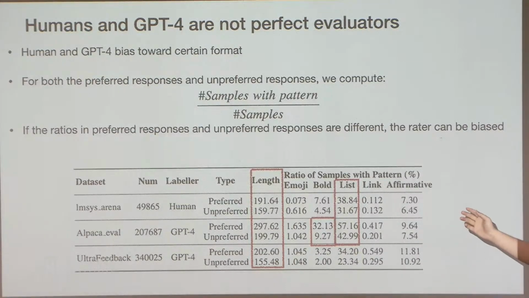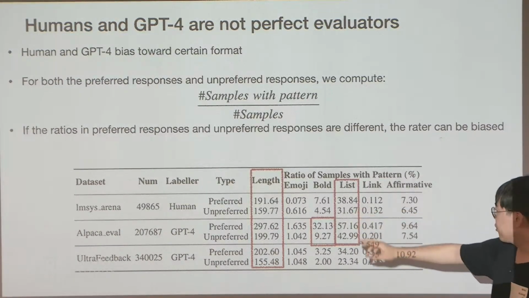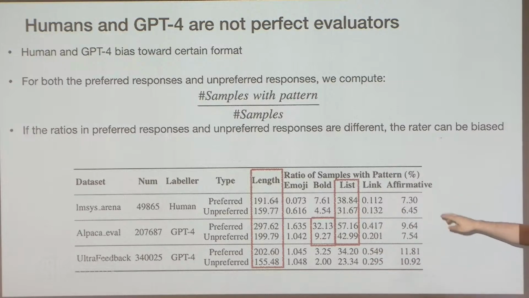And what we observe is that for both the human and GPT-4, there is a clear difference in the ratios between preferred and unpreferred responses across different patterns.